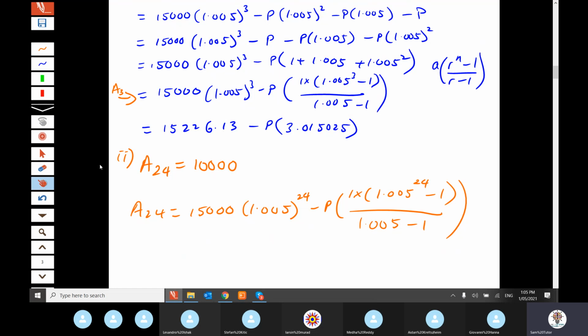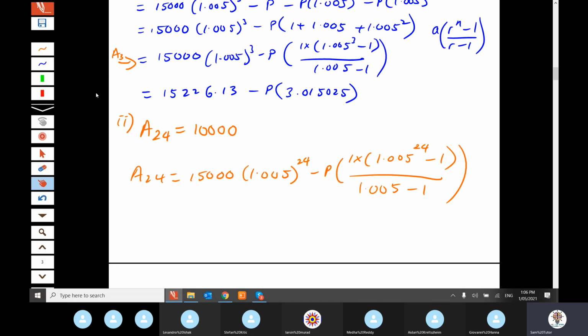No problems. It's just instead of the 3, 3, 3, you change 24, 24, 24. It says please find P. What does A24 equal to? 10,000. So we're just going to do a bit of simple algebra.